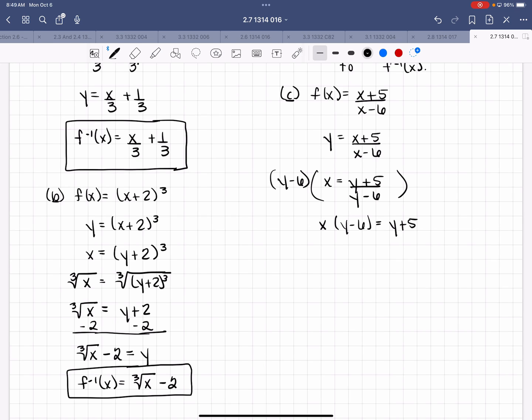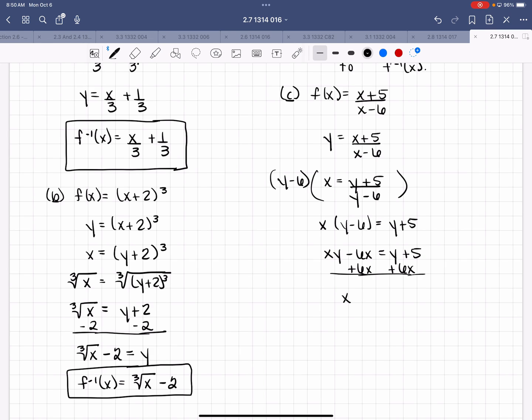All right, now I need to distribute that x. So that's going to give me xy minus 6x equals y plus 5. This actually does look better. We need to move the y's all to the left-hand side and move that negative 6x to the right-hand side. So I'm going to add the 6x first.